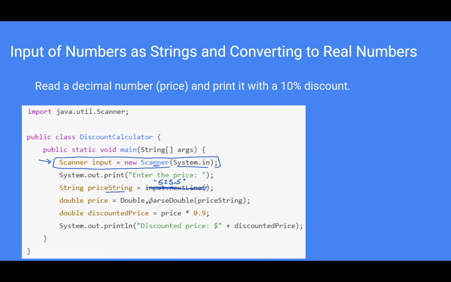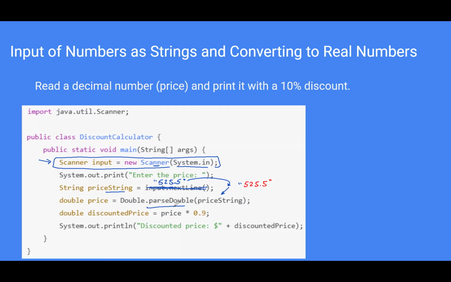And then I am doing Double.parseDouble, and I am passing it the string, which in this case is 525.5 with a double quotation here like that. And then I am parsing it.